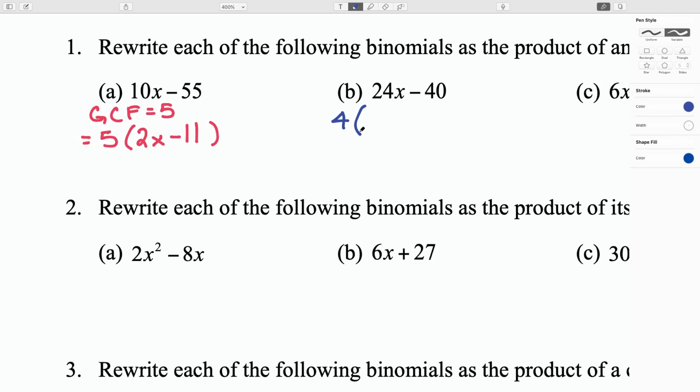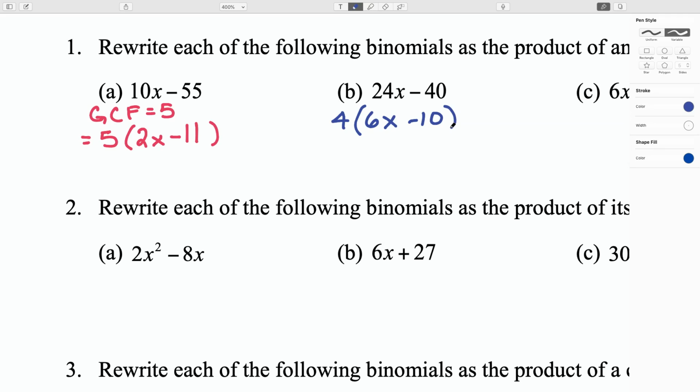And now we think, 4 times what will give me 24x minus 40? Well, 4 times 6x, that will give me 24x, because if you think about it, 4 times 6 is 24. And 4 times 10 is 40, so I'm going to put minus 10.